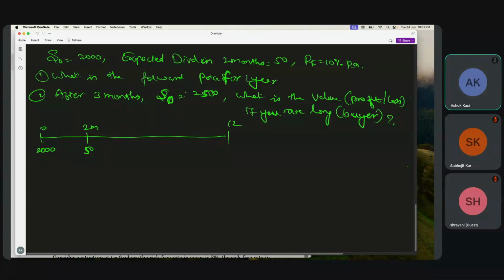So what is the forward price? Now how will I do? See, normally if this wouldn't have been there, how would I have done? 2000 into 1 plus 10% raised to 1. So 2200, correct?